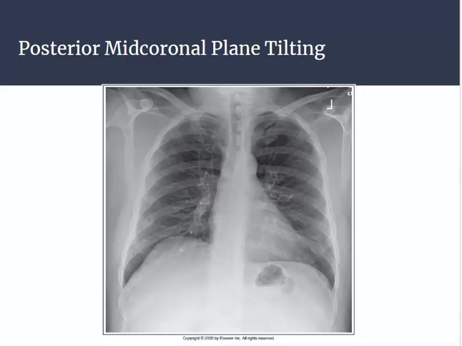In addition, less than 1 inch of the apices is demonstrated above the clavicles. Again, we must maintain that the mid-coronal plane is parallel with the IR to get an acceptable image.